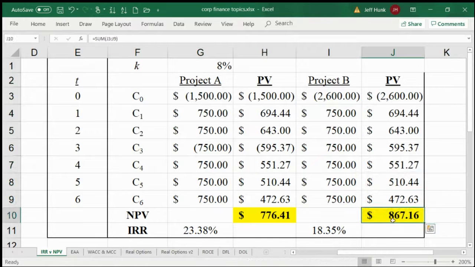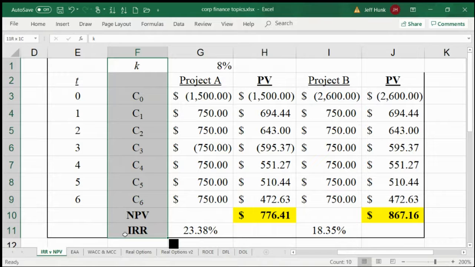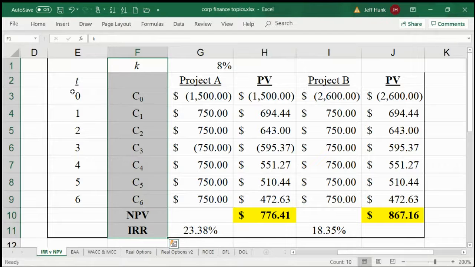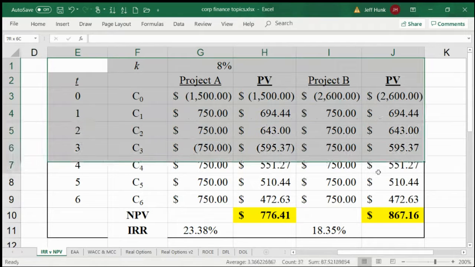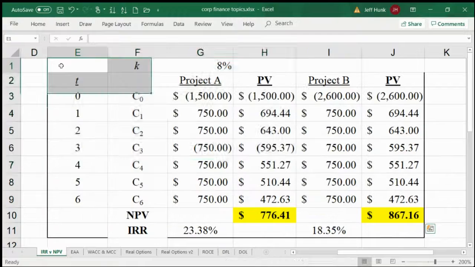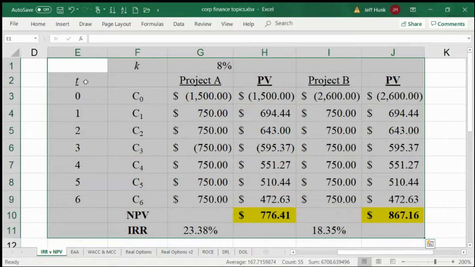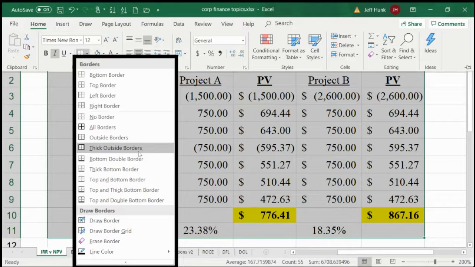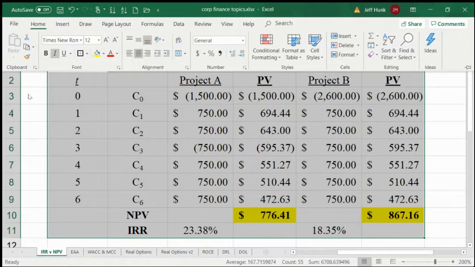So let me put a, okay, I don't want to have a borderline here. So no borderline, and only a big borderline outside. All right.